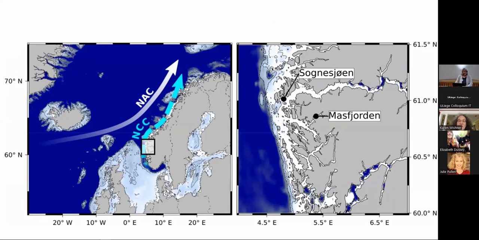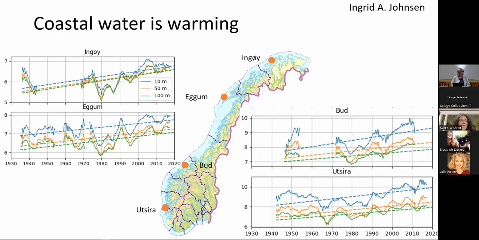What Norway also has are fixed oceanographic stations, since the 1930s, visited every 2 weeks, which have measured oceanographic conditions like temperature, density, and salinity. Those data demonstrate that the coastal water is warming in the North Atlantic at all depths.